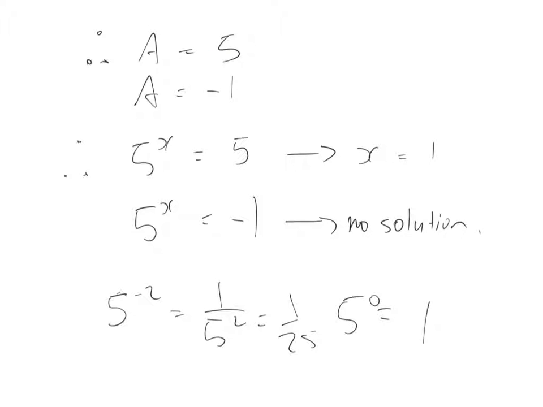And that's it. So basically there's two types of indicial equations I want you to get a handle on in the next 20 minutes or so. Number one is where you've simply got two numbers equaling each other and you have to change the bases. And number two, where you've got an indicial equation that can be turned into a trinomial that can be solved. And that's basically it.